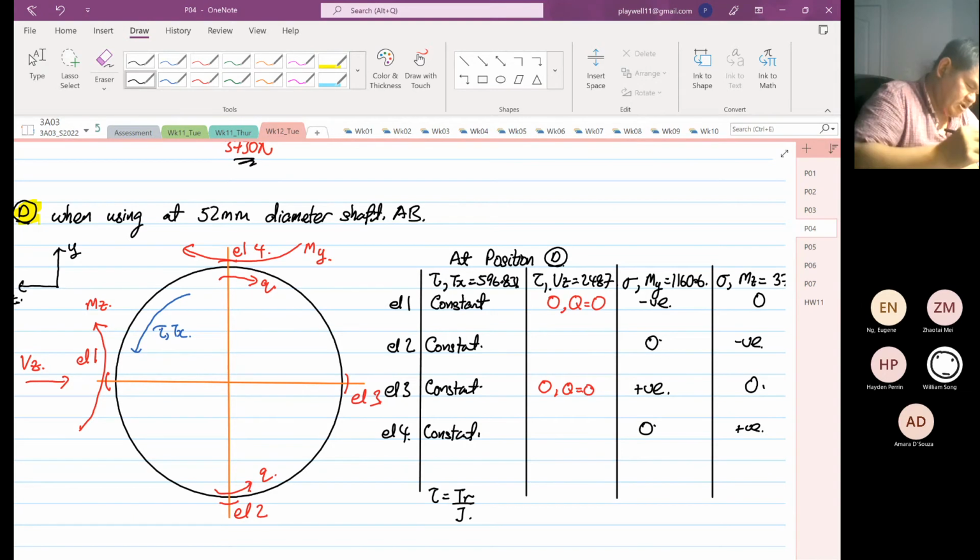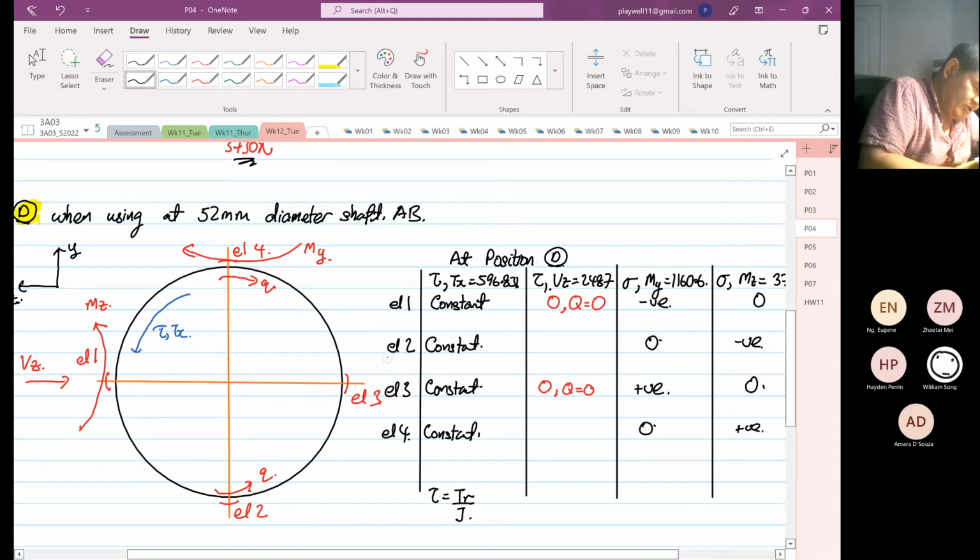The answer is to select element 2. Why is that? If you look at the Q at element 2 and the shear stress due to the torque in the x direction, they are in the same direction.